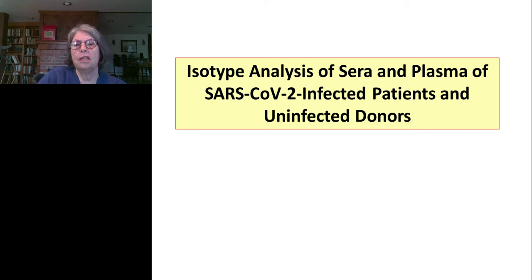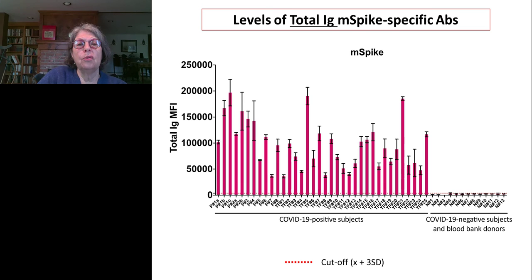So in this slide, what I'm showing you is the level of total immunoglobulin against the spike. And this is in sera and plasma. So this is looking at total Ig, which means IgG, IgA, and IgM. This is looking at antibodies specific for the spike.